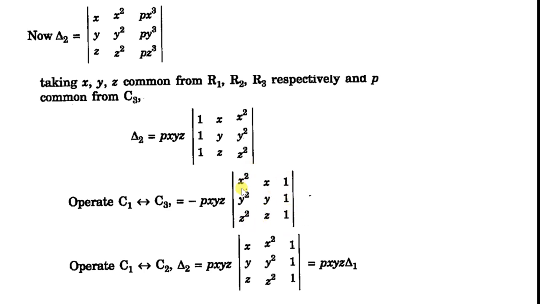Again we have to interchange these two columns C1 and C2, and again the sign of the determinant changes, so minus minus becomes plus, and we have pxyz, x, x square, 1; y, y square, 1; and z, z square, 1. And this is the first determinant delta 1. So we can replace it by delta 1.